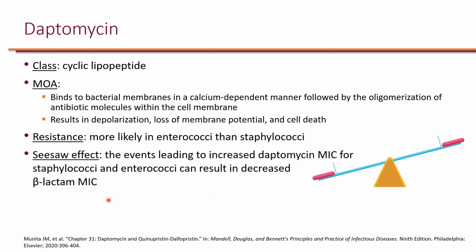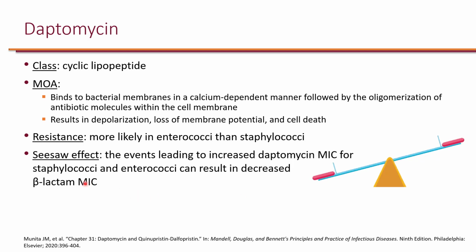And the mechanism of this effect is not clear, but this has some important roles because if there are situations where we are concerned about resistance development, we could potentially combine beta-lactams and daptomycin. And the combination would be very effective, because if the organism develops resistance to one, then it becomes more susceptible to the other one, and vice versa. So it's kind of like a seesaw.